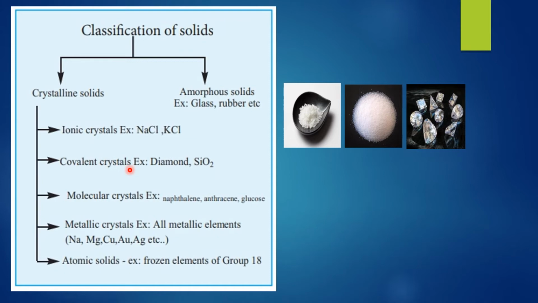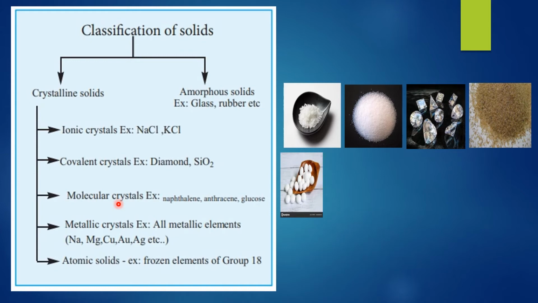In diamond, one carbon atom is tetrahedrally bonded with 4 other carbon atoms, so the bond formed between one carbon and another is a covalent bond. One tetrahedral unit is linked with the next through a covalent bond, hence we call it a covalent crystal. One is diamond, another is silica, which you all studied in the previous lesson, P block element 1.